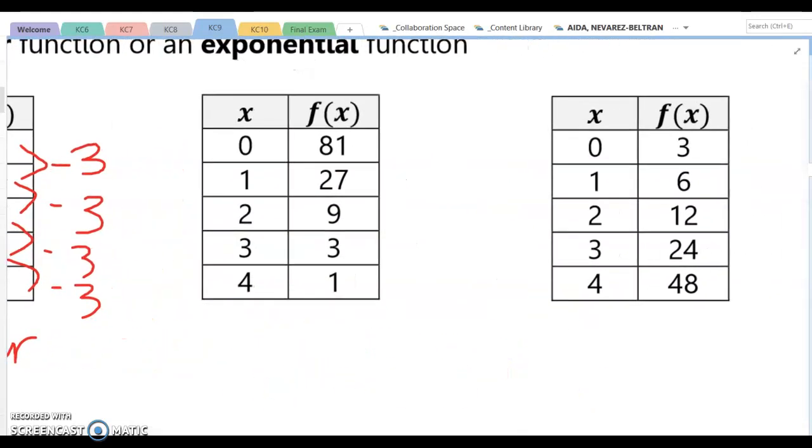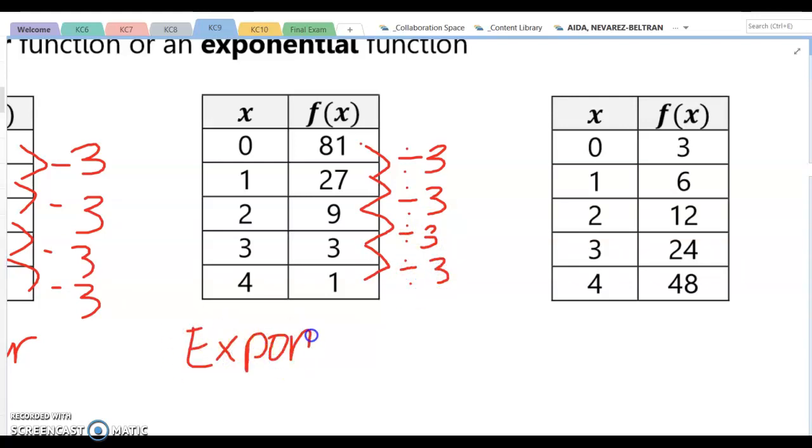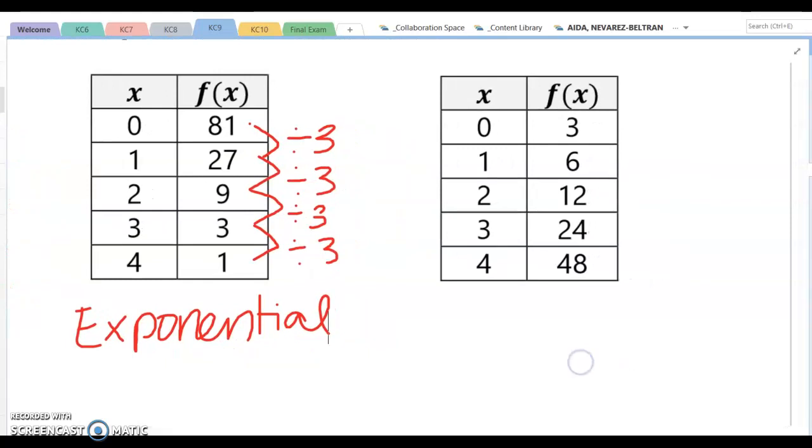This one we've got 81, 27, 9, 3, 1. So we can tell right off the bat that's not linear, right? Because we're not just adding or subtracting the same thing. With this one, we're actually dividing by 3 each time. So that makes this one exponential. Right, and then the next one we've got 3, 6, 12, 24, 48.